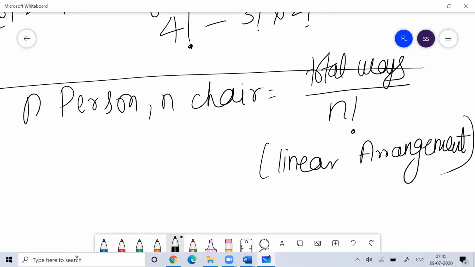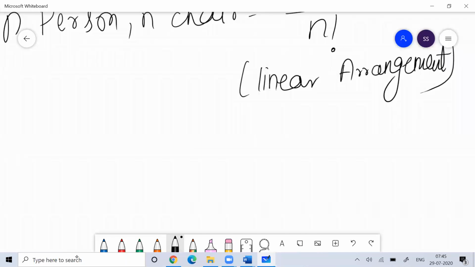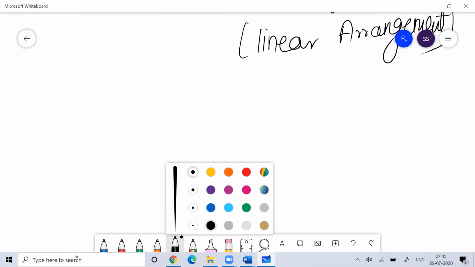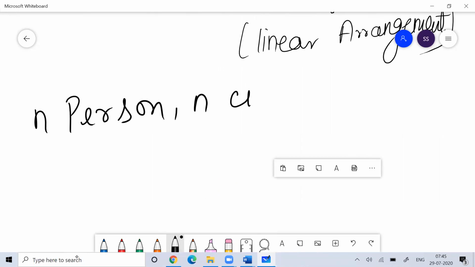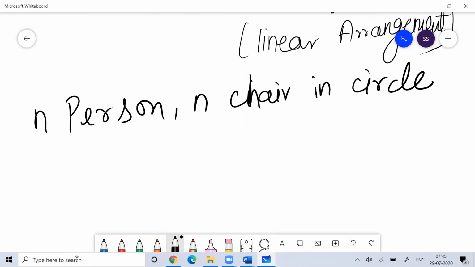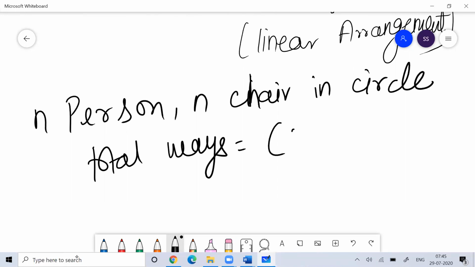And if you talk about circular arrangement, n persons and n chairs in a circle, the total ways will be n minus 1 factorial.